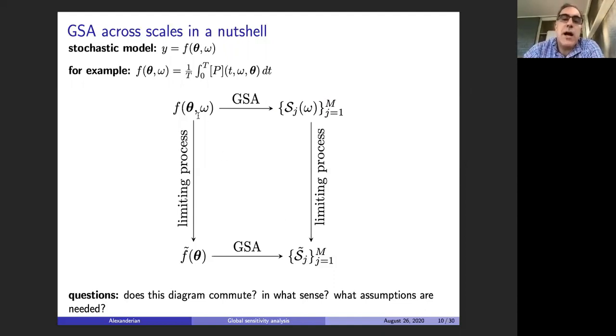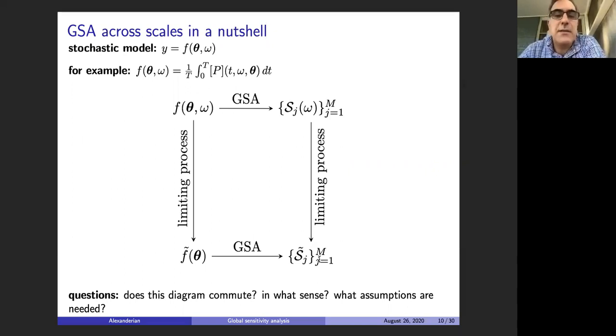Or I can consider a limiting process, which we will discuss, to get the deterministic model and perform global sensitivity analysis on the deterministic model. We get deterministic indices. And the question is, does this diagram commute? In what sense? What assumptions are needed? Now, in this talk, I will not go over the theory too much. I will illustrate numerically, but you can look at our article for the theoretical details.